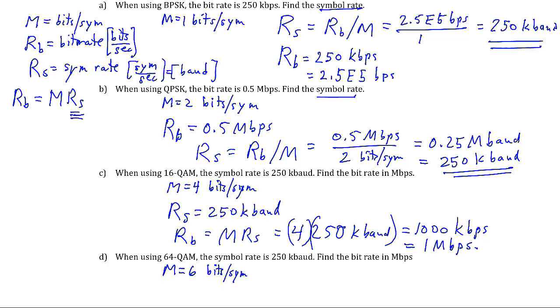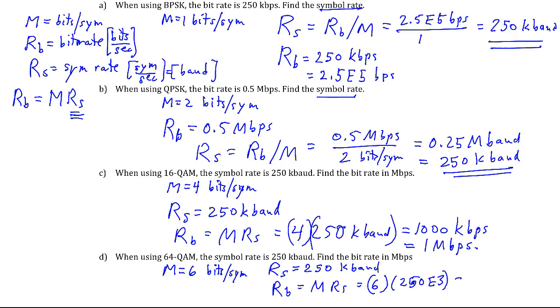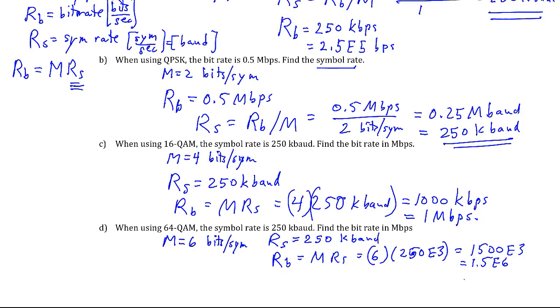And let's see what happens when we go to 64 QAM. We have an RS given to us of 250 kilobaud, and therefore RB is M times RS, which is 6 times the 250 times 10 to the third, which is 1,500 times 10 to the third, or 1.5 times 10 to the sixth, or this is a bit rate of 1.5 megabits per second.